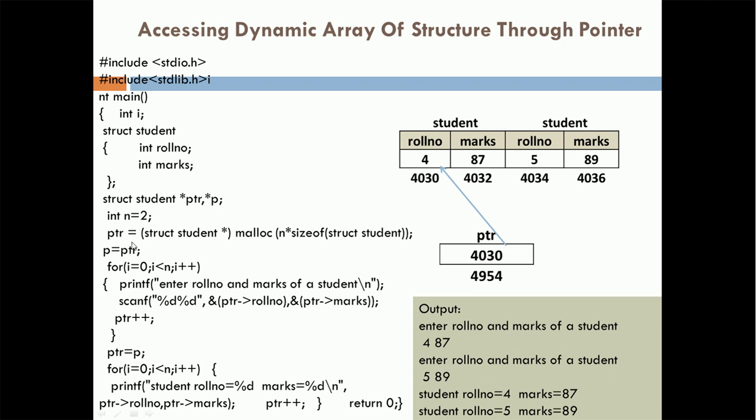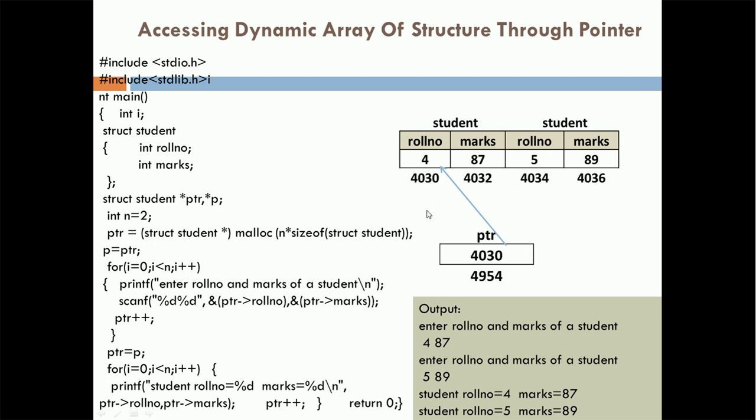So this nameless pointer has been assigned to ptr. Now ptr is able to point to the memory space reserved using the malloc function, so these 8 bytes can now be accessed using ptr.